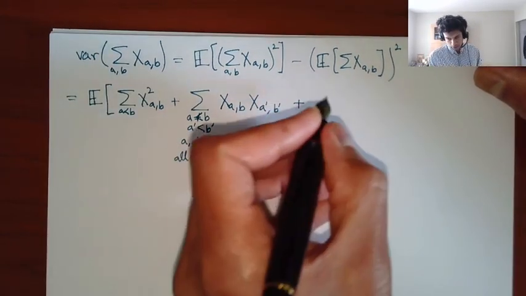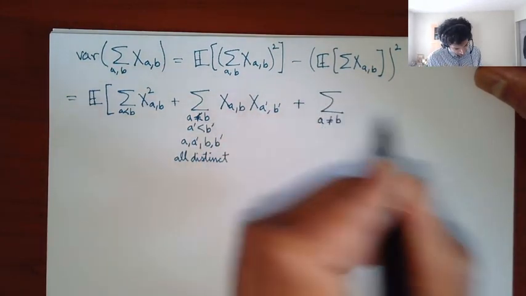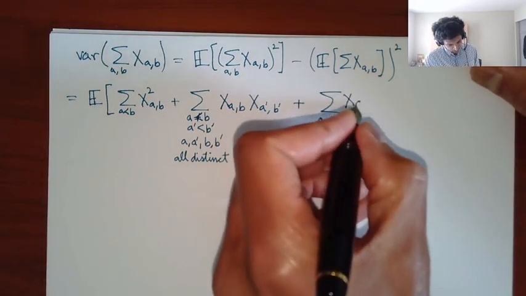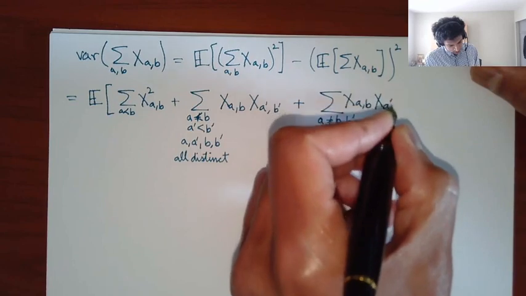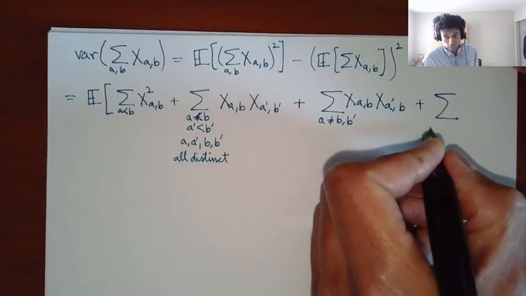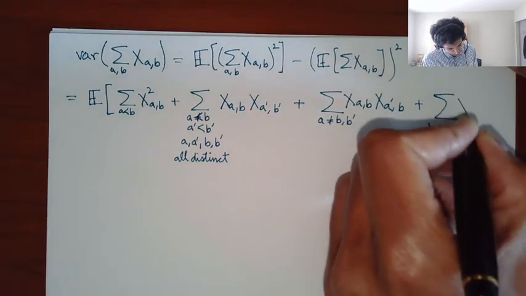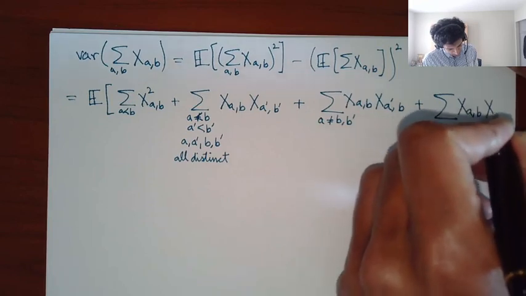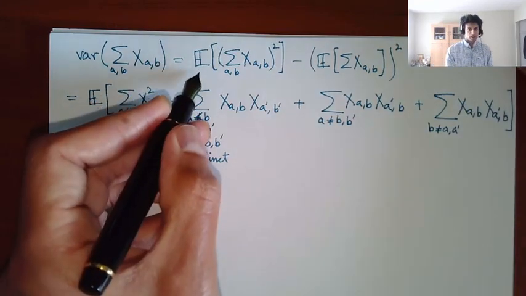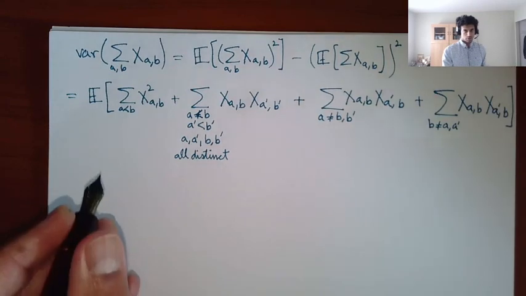Plus a third term where a is not equal to b prime, xab xa prime b, plus a fourth term where b is not equal to a prime, of xab xa prime b. So this is just expanding out the expectation of the square.